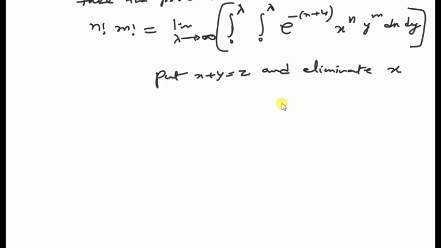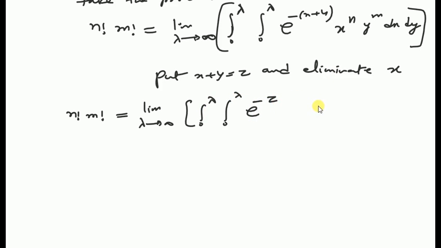With that what I'll get, n factorial on the left hand side as it is and m factorial, limit lambda tends to infinity, integral 0 to lambda, e power minus z, (z minus y) whole power n, then y power m, then dx will become dz, dy no changes.